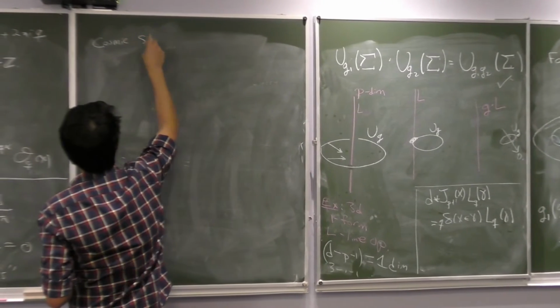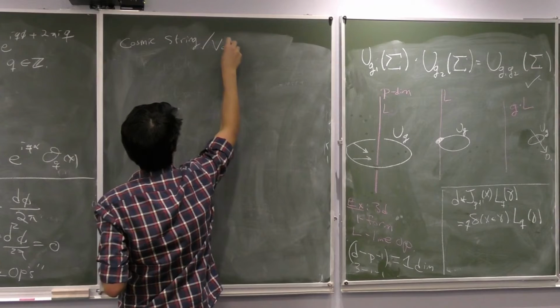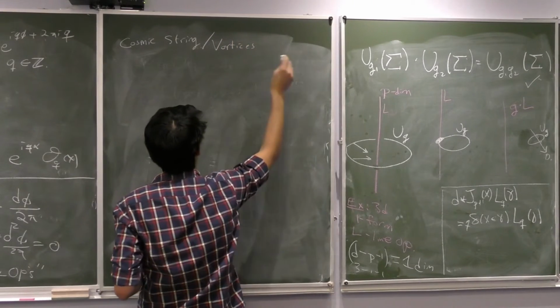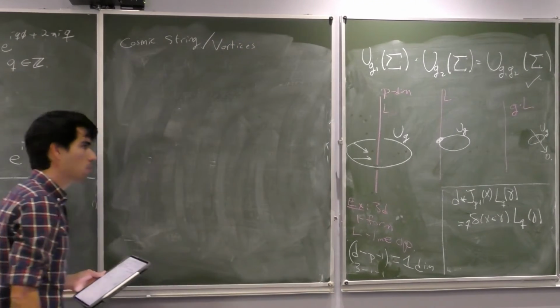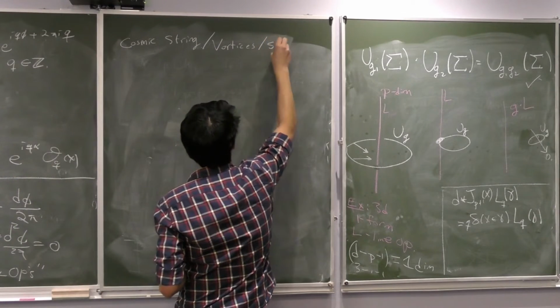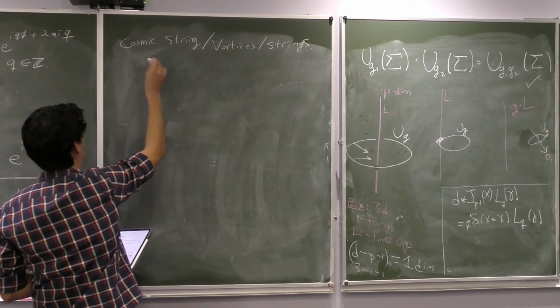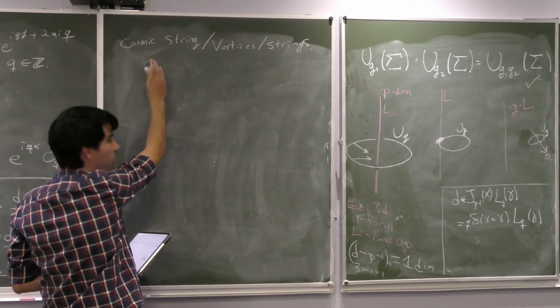I'm using the word cosmic string because that's what I've been thinking about lately. But these are also sometimes called vortices, either Nielsen-Olesen, ANO, strings. These are also sometimes called strings. But anyways, the point is that, topological defects. Yeah, that's right.